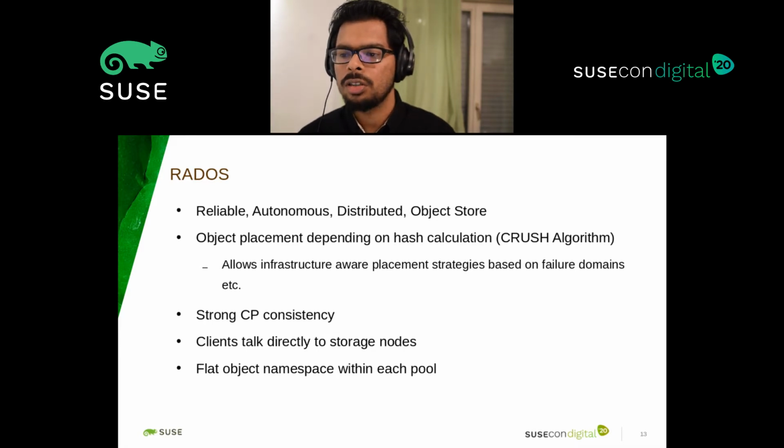And the clients always talk directly to the storage nodes. And you have this concept of pools, which are broadly like a meta classification of data. And then objects pretty much stay in a flat namespace within pools. And protocols like RADOS block devices, file systems, and RADOS gateways are built on top of this flat namespace.